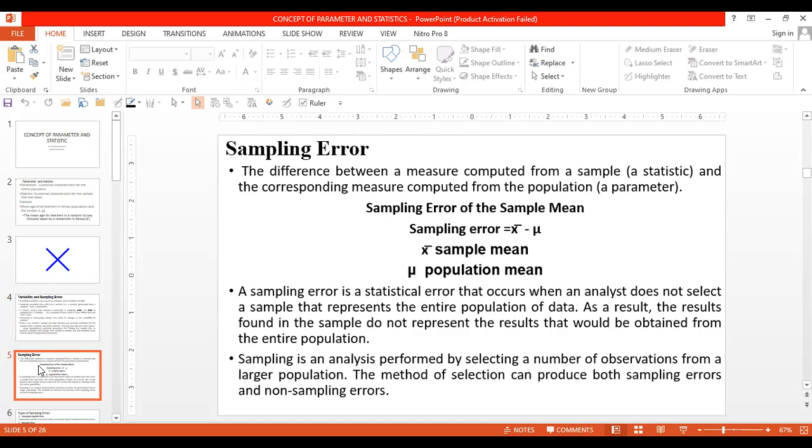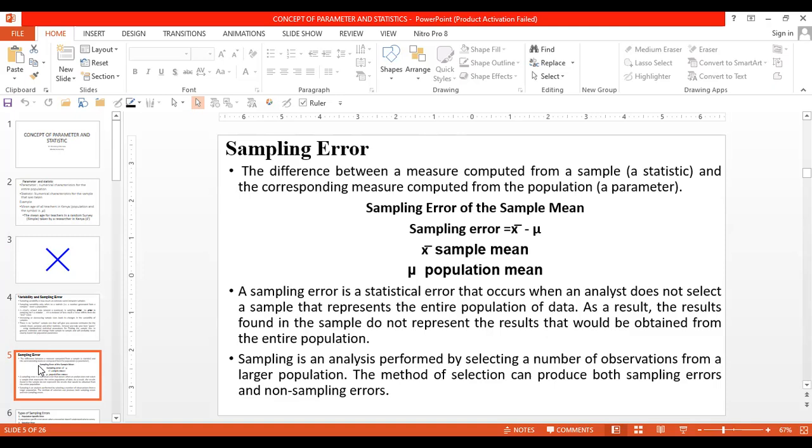Now, the difference between the measure computed from a sample, that is a statistic, and the corresponding measure computed from a population, which is a parameter, is what we're calling a sampling error.